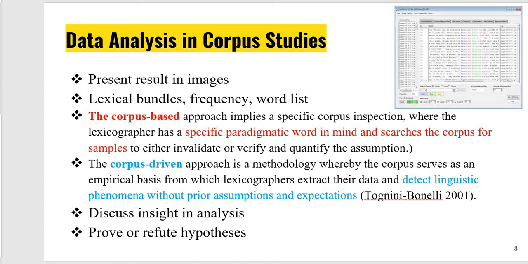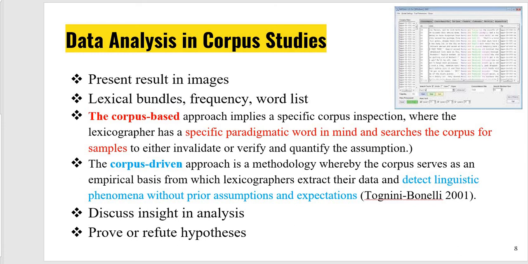The corpus-driven approach is a methodology whereby the corpus serves as an empirical basis from which lexicographers extract their data and detect linguistic phenomena without prior assumption and expectation. In corpus-driven, the corpus drives. You do not have any assumption. Your corpus guides you what to find out. For example, the word COVID. There is a COVID corpus which has been generated by Professor Mark Davies at Brigham Young University, Utah State, USA.